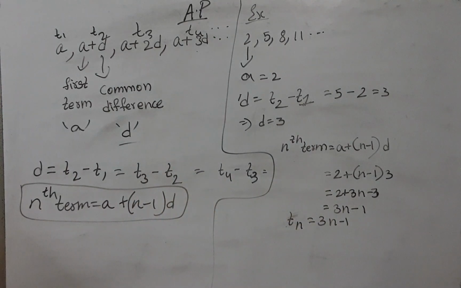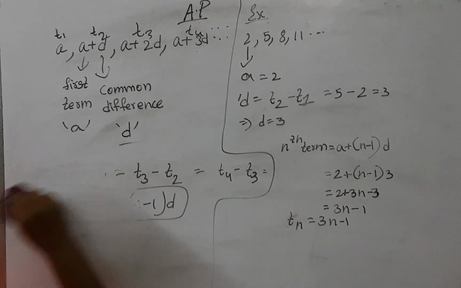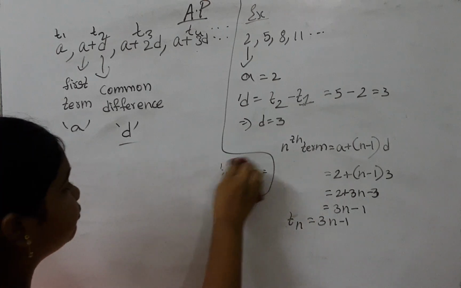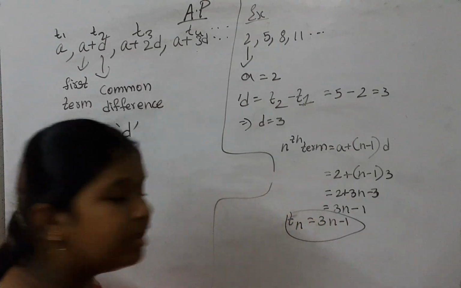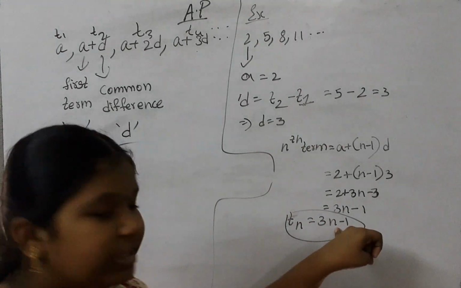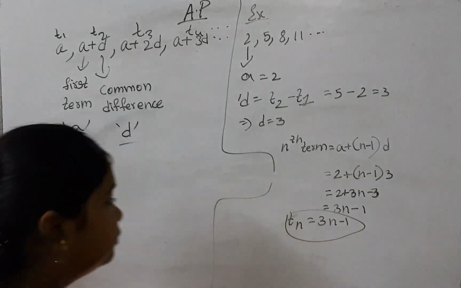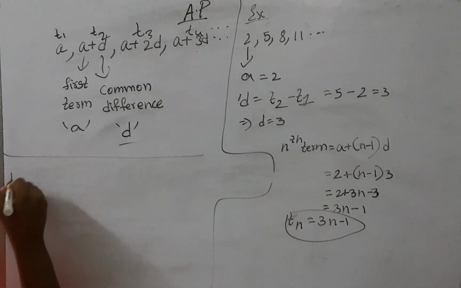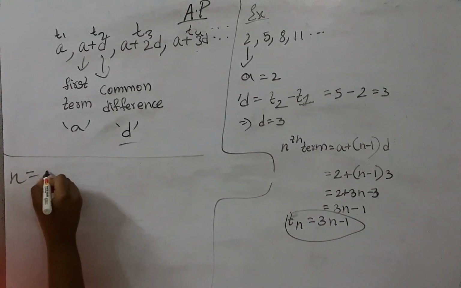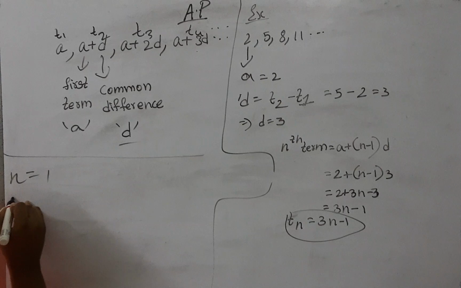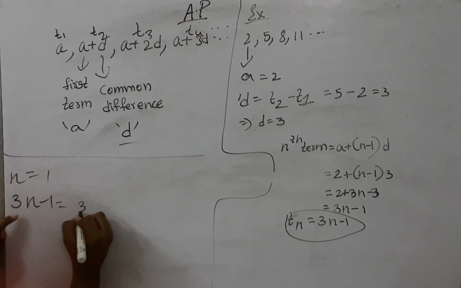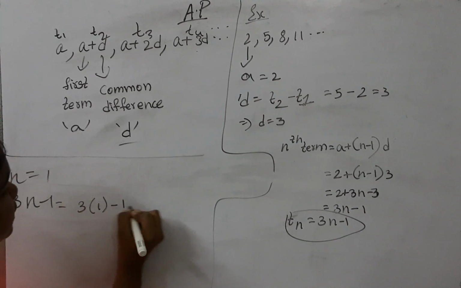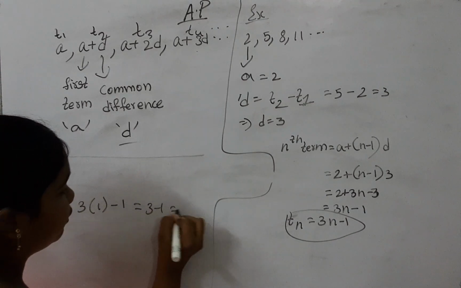Now, what is the use of this? If we keep n as a number, suppose we take n is equal to 1: 3n minus 1 is equal to 3 into 1 minus 1, equal to 3 minus 1, equal to 2.